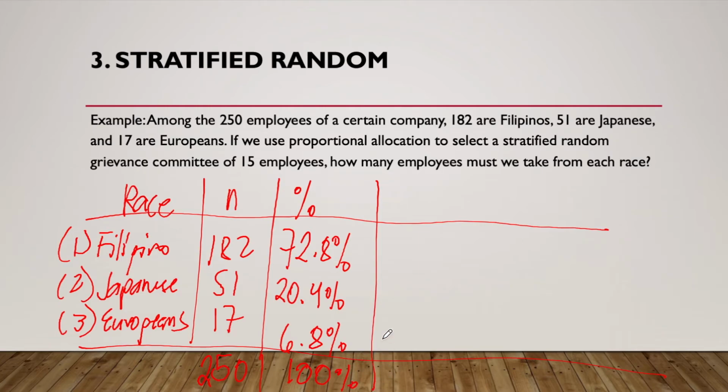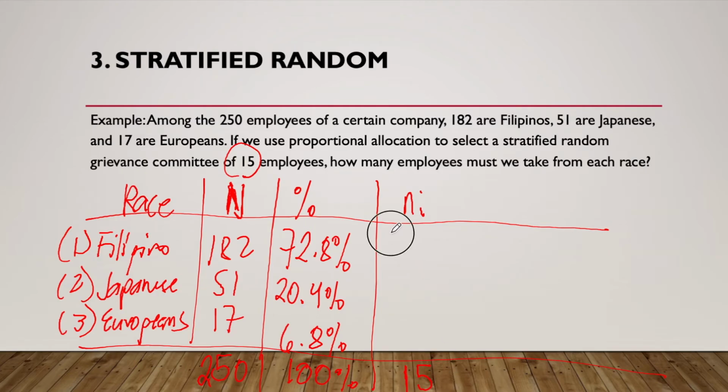Now we need to get how many partitions of the race we need if we only need 15 employees all in all. So actually this is your big N, not your small n. This is your population. We only need the n sub i. We only need 15 of them.